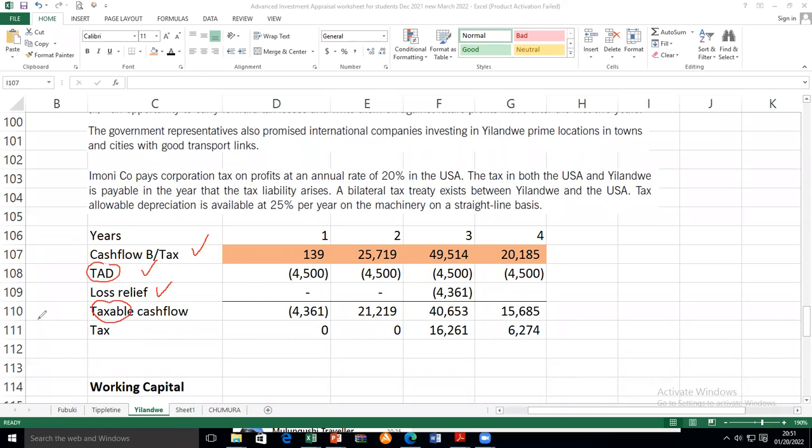So this will help you to estimate what figure is taxable. This format, you may use it in other questions as well.